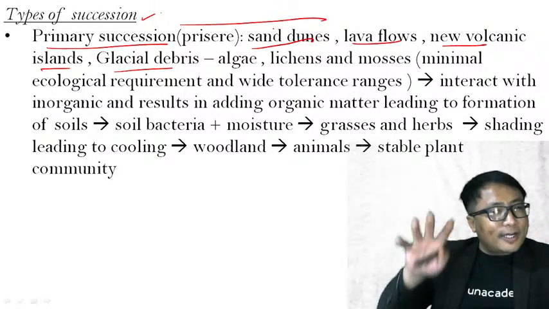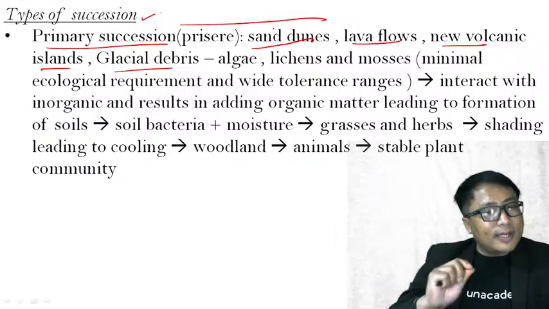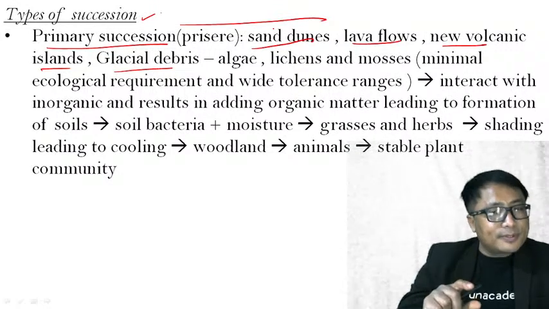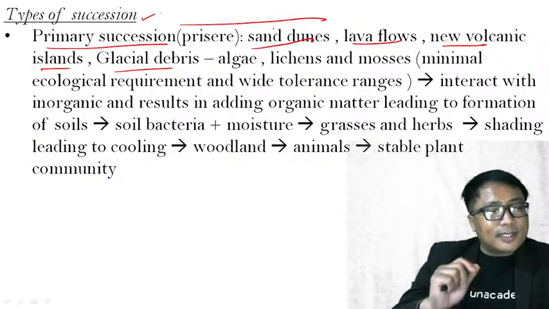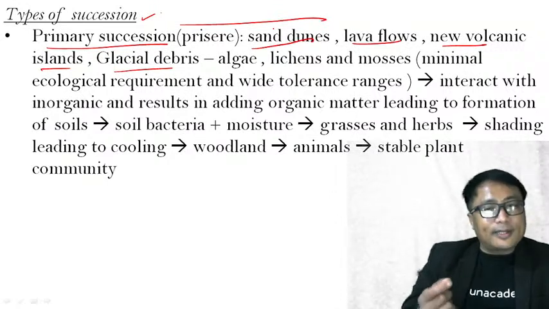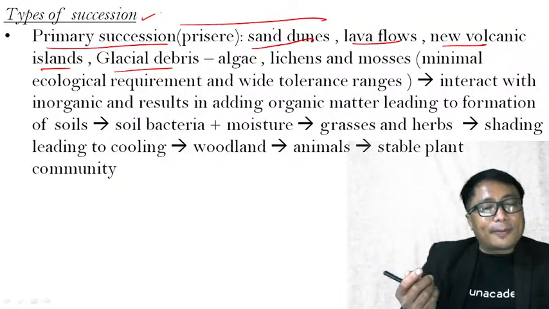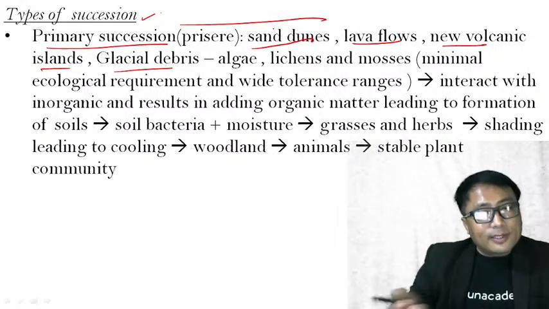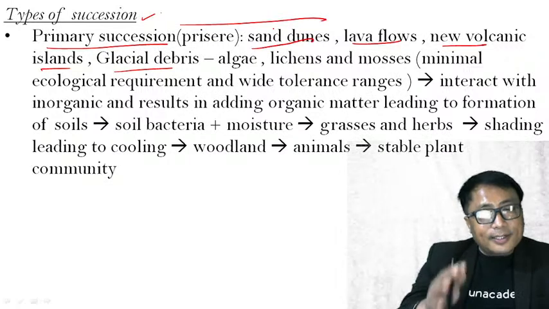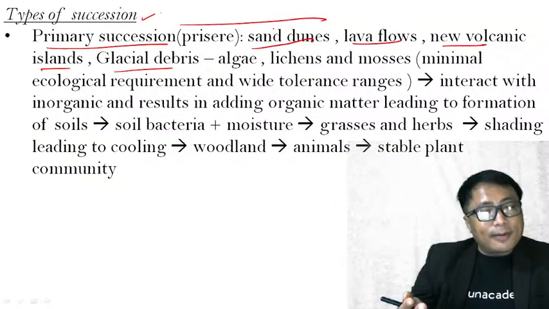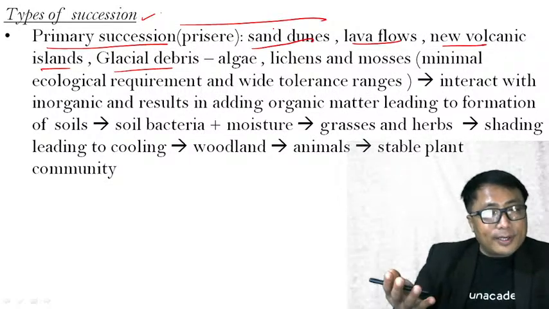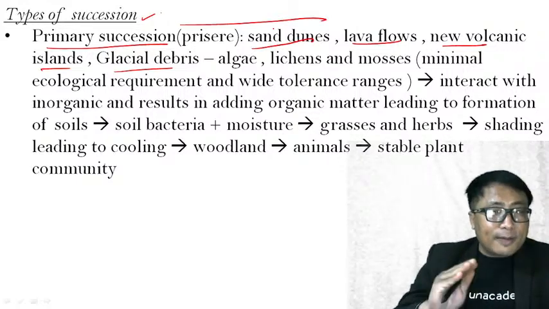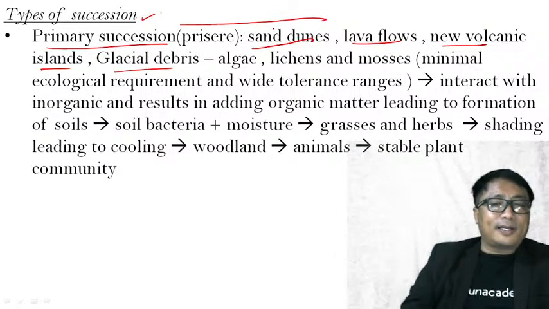Now the soil bacteria and moisture will give rise to a rudimentary or initial vegetation, that is grasses and herbs. Now these grasses and herbs, in their own cycle, will die down. Some will die, resulting in the supply of organic matter to the surface, thereby resulting in humus. Thereby the humus will again become part of the soil. So the soil horizon will increase, which means the quality of soil is becoming better from the initial barren land.